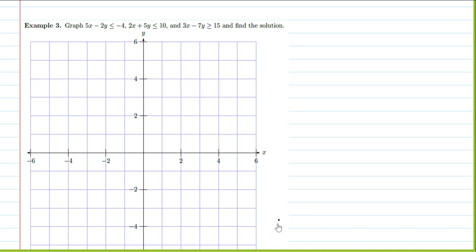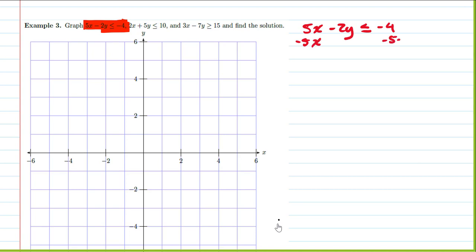Resolve our first one. So if we take our first inequality, we have 5x minus 2y is less than or equal to negative 4. We need to draw a graph of this. There are several different ways we can do so. One method is to just get y by itself.